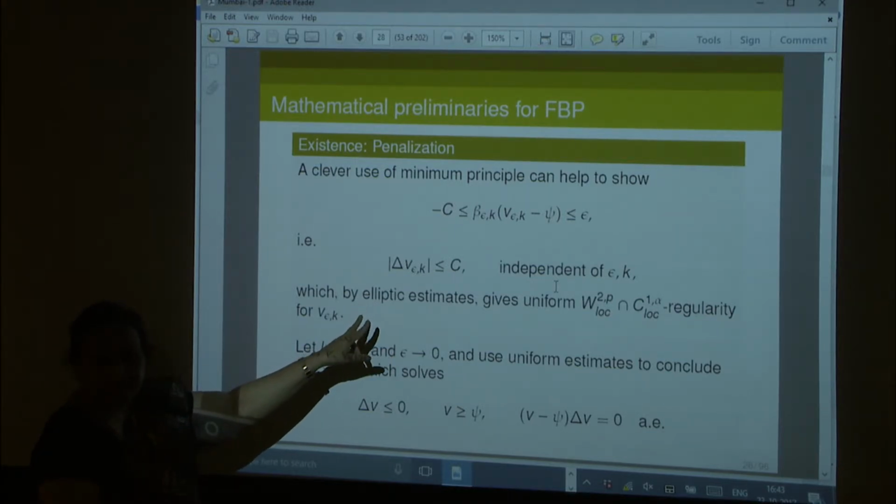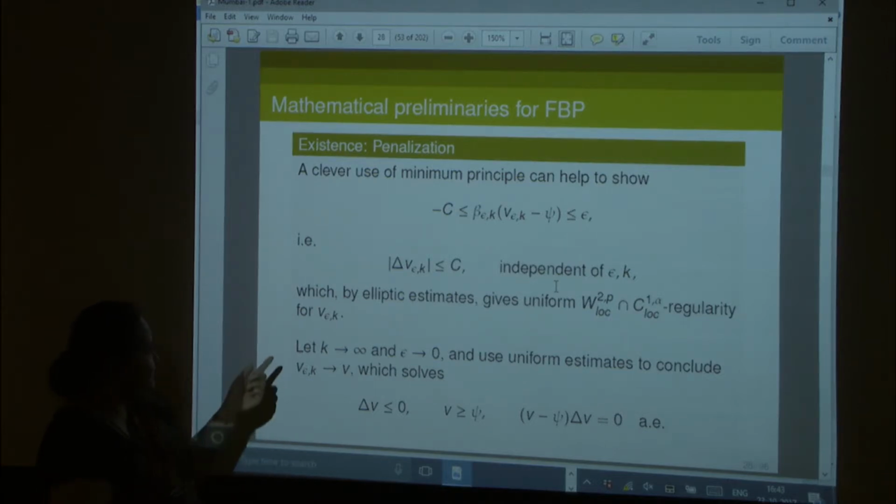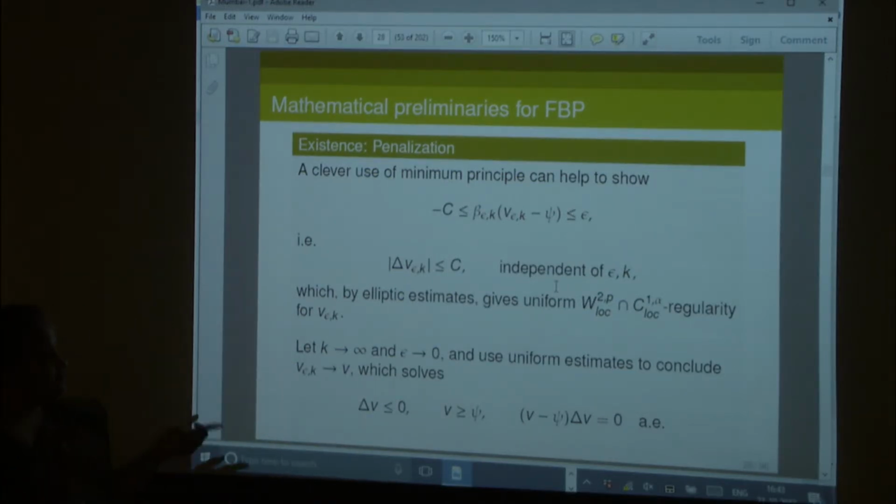Now independent of the weights, by elliptic estimates we get uniform W2P local intersection C1 alpha local regularity for v epsilon k.